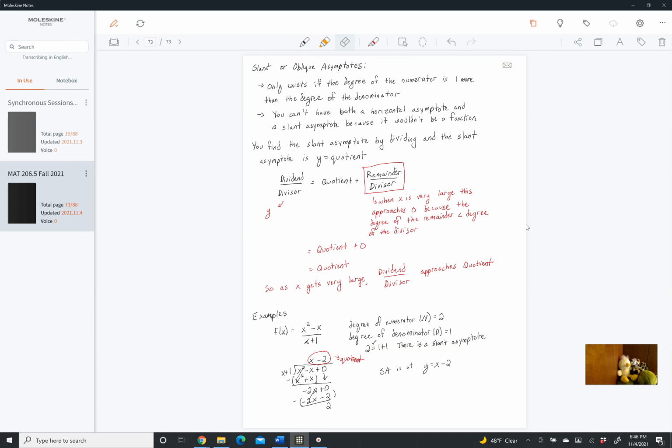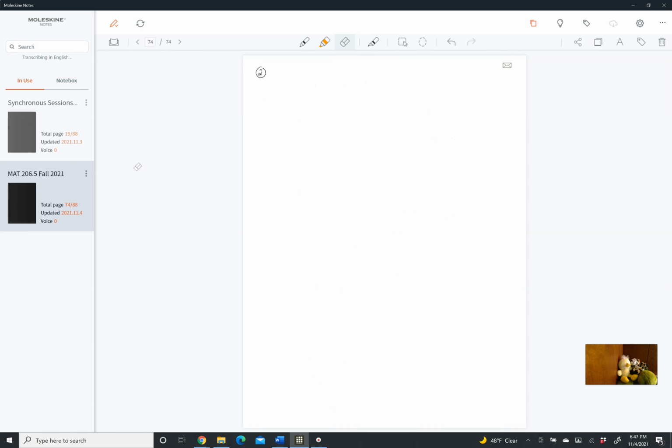Okay, let's take another couple of examples of slant asymptotes. I'll label this 1. Okay, let's do our next one. Let's use f of x is equal to x squared minus x minus 2 over x minus 1.